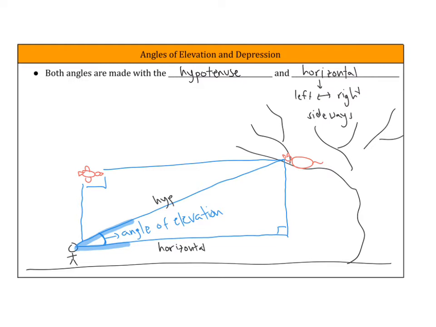And now I have formed another horizontal and another triangle. All right, and then because I now have a different horizontal, I can connect it with the hypotenuse here, and the angle that is formed on this side is the angle of depression.